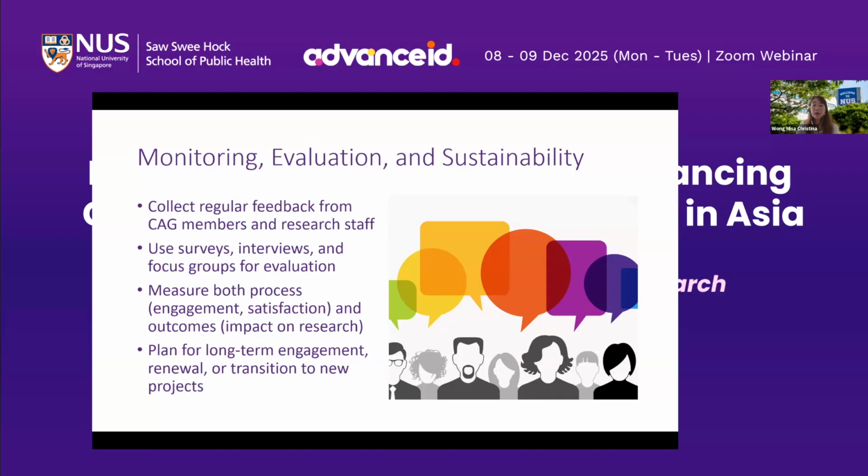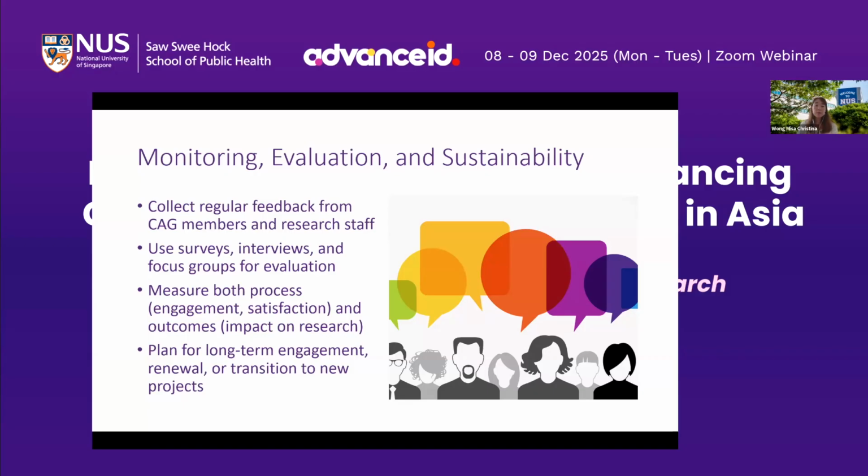And based on the feedback that they provide, you can then adapt the CAG meetings. You also want to measure both process, which is their engagement and satisfaction level, and also the outcomes, how the CAG made an impact on the research.